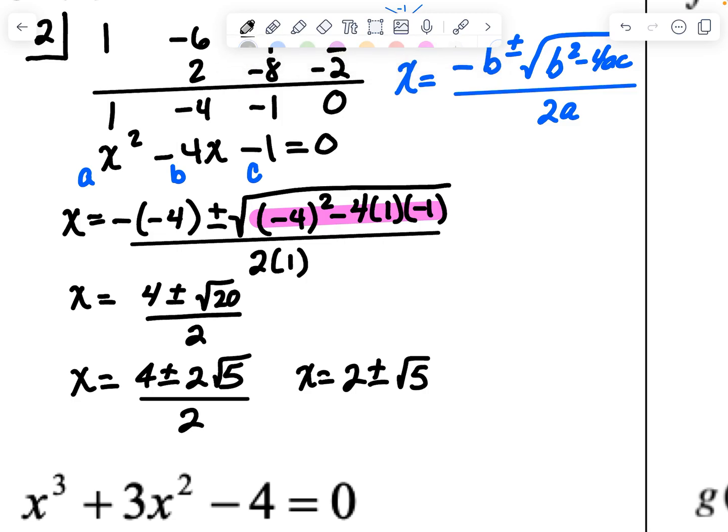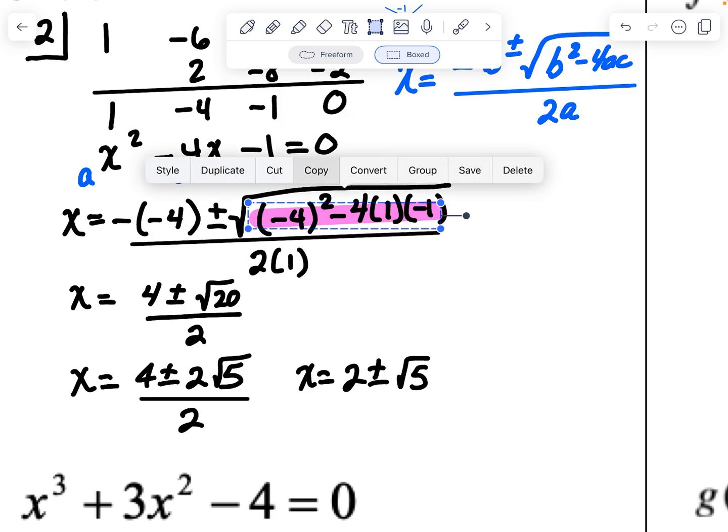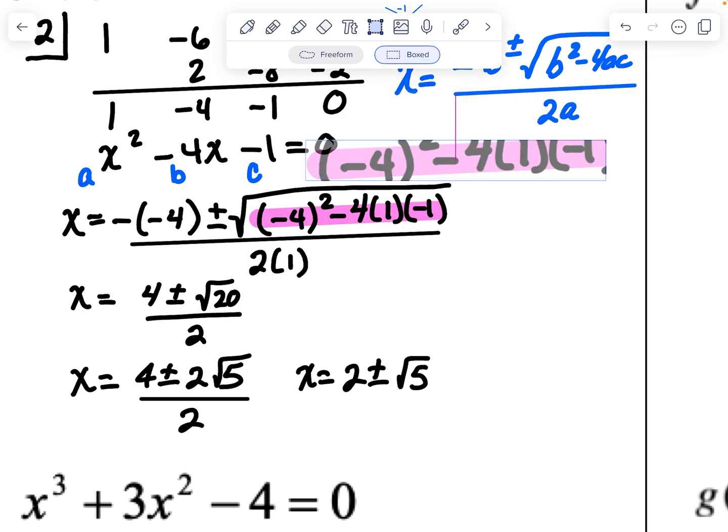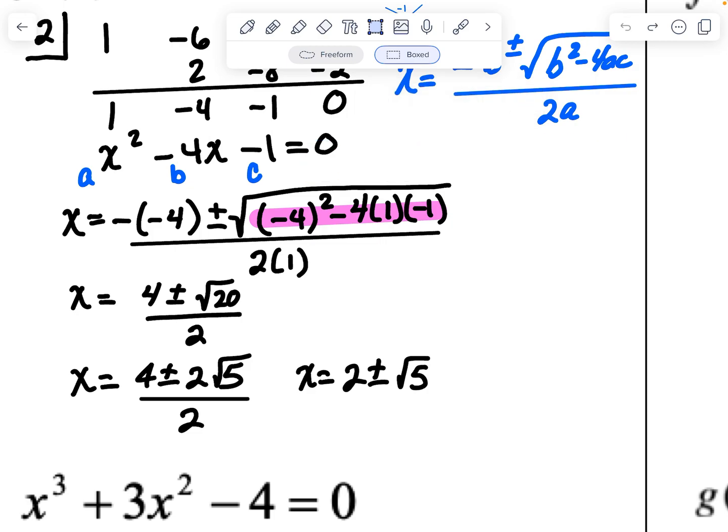First of all, this piece right here is where the 20 came from in the problem.